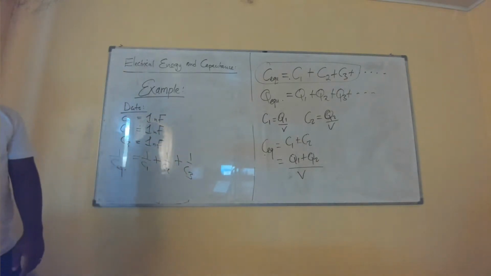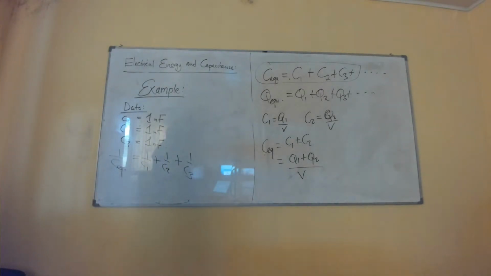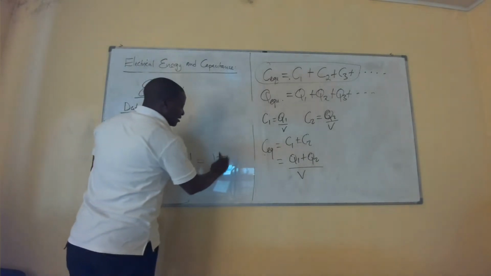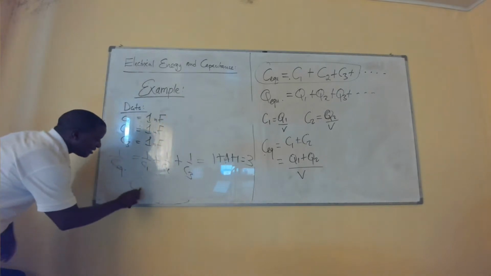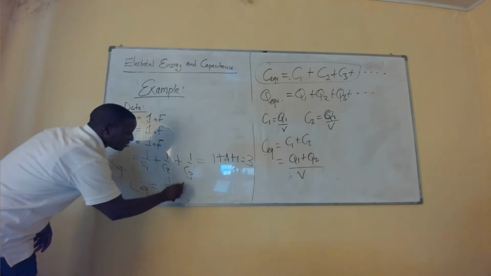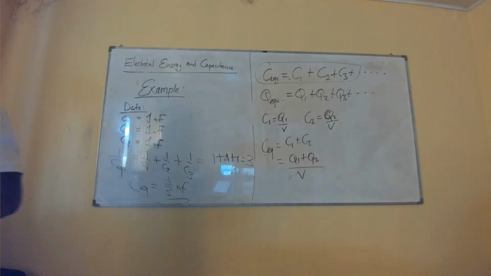Of course, that gives you 1 plus 1 plus 1, which is 3. Then C equivalent becomes 1 over 3. That is nanofarad. As simple as that. So this is what you do given such a very simple question.